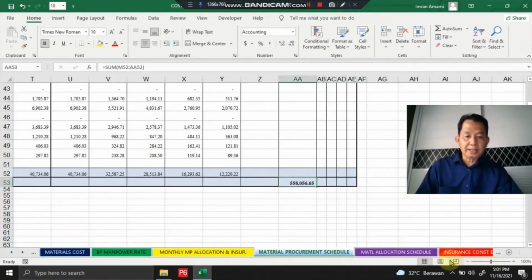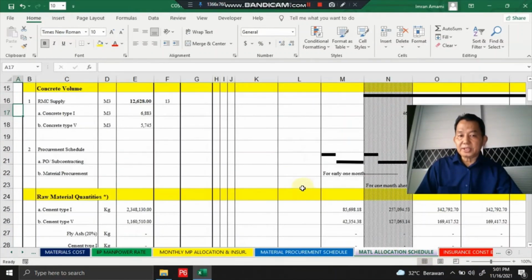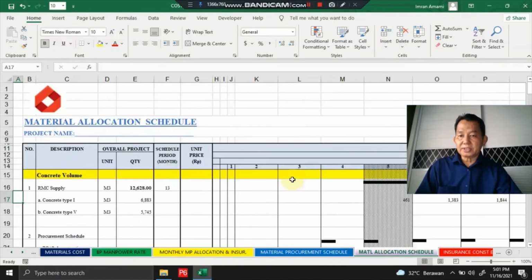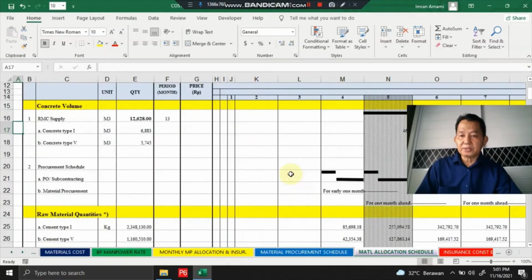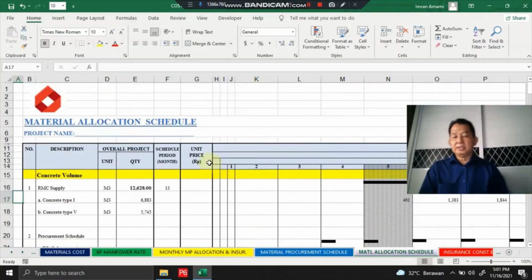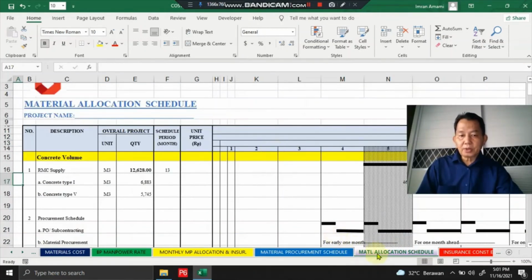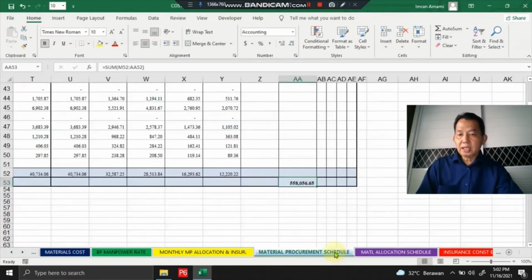Okay, and this is the material allocation schedule. This section is composed based on the material schedule.